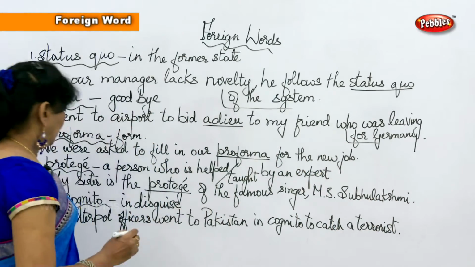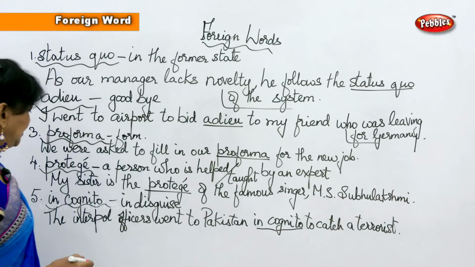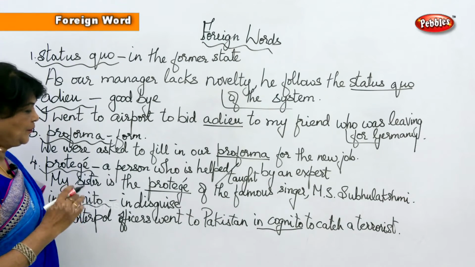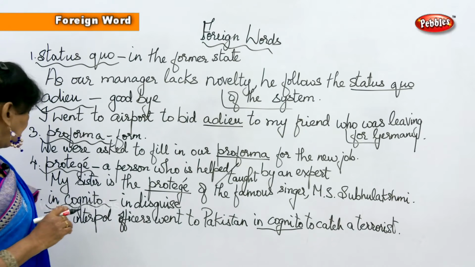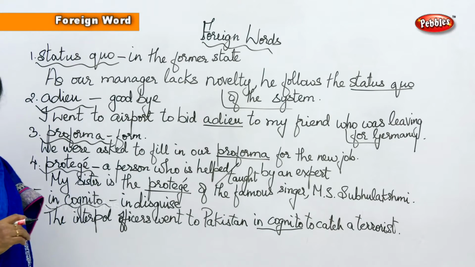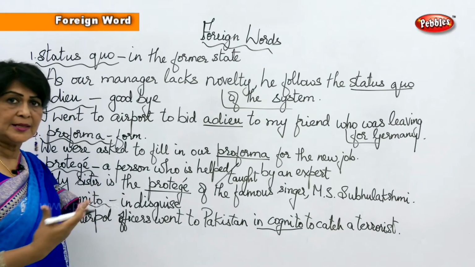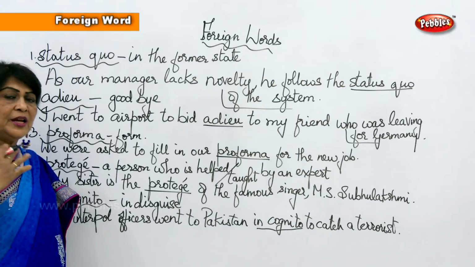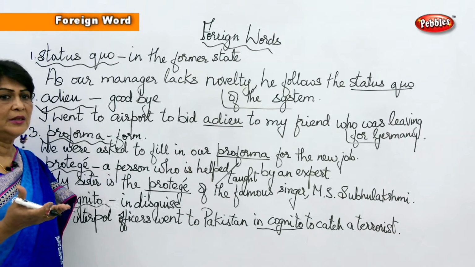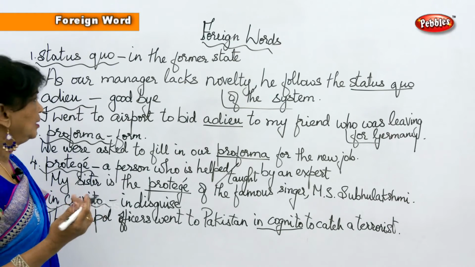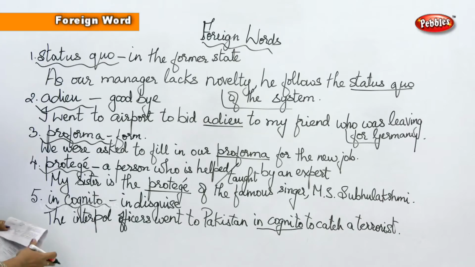Okay? Incognito means in disguise. The Interpol officers went to Pakistan incognito to catch a terrorist. Do you understand now the meaning of it? In disguise. Disguise, do you know? Like covering up their true identity, they go as a different person altogether. Okay? One more we will write here and then we will go on to the rest.